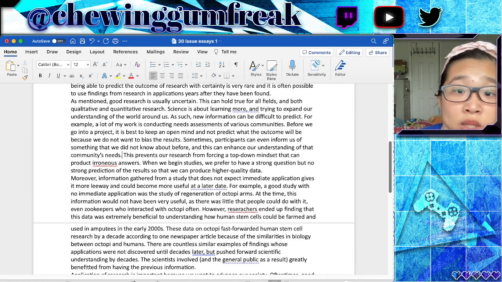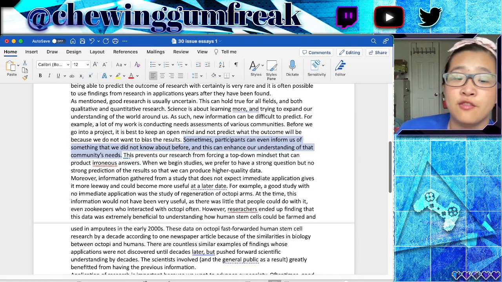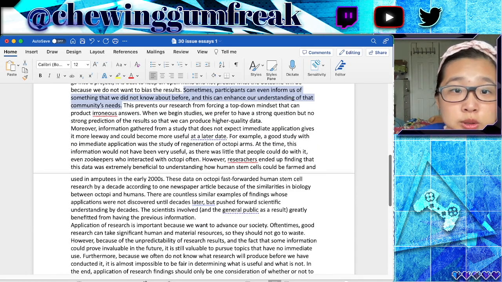So that really strengthens that idea of we can learn more and we can find out something that we didn't know before. This prevents our research from forcing a top-down mindset that can produce erroneous answers.